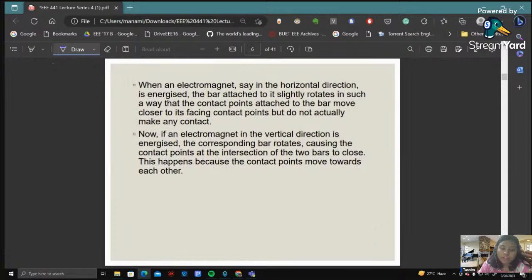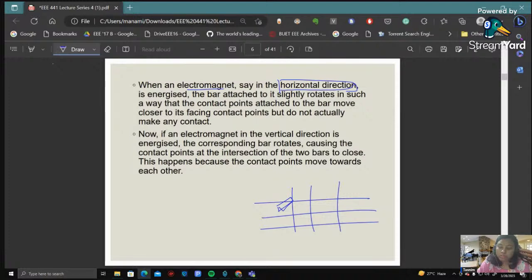Page down. When an electromagnet, say in the horizontal direction, so we are considering this, this will be the total matrix, and the horizontal one is energized. So it's energized in this direction.